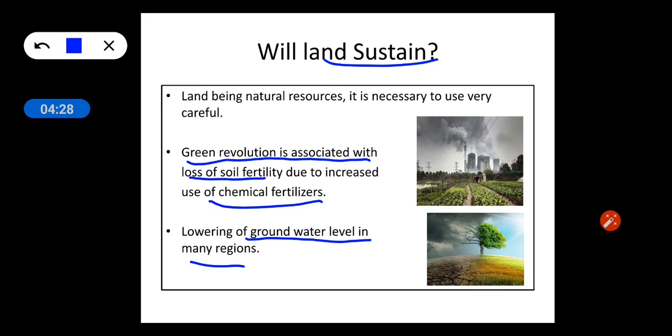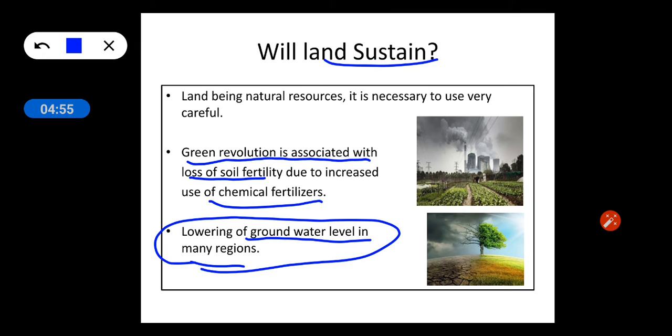So, we need to check on the chemical fertilizers that are used. Rather than using chemical fertilizer, we can go for traditional farming. An example of traditional farming would include cow dung as manure. Then we have biogas, right? And another concern for land is the lowering of groundwater in many regions.